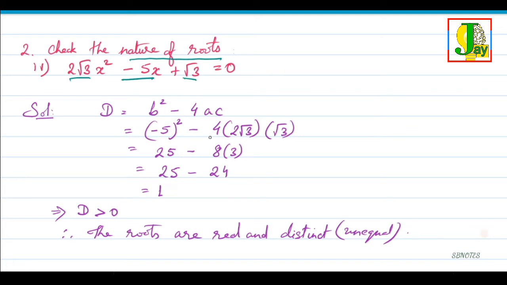So minus 5 square is 25, and 4ac is 4 into 2, which is 8, root 3 into root 3 is 3, so 24. That comes to 1. That means D is greater than 0. So if D is greater than 0, what is the nature of the roots then? The roots are real and unequal. So when D is greater than 0, they are unequal.